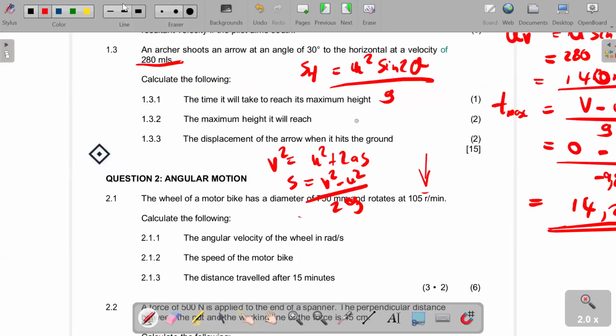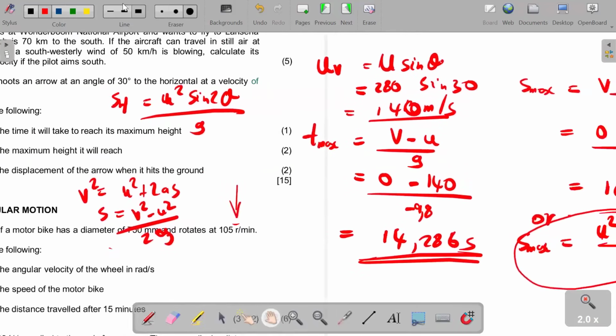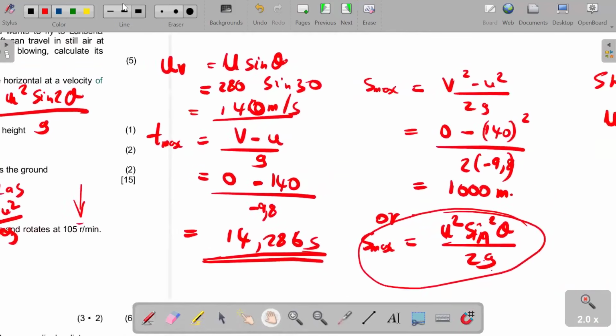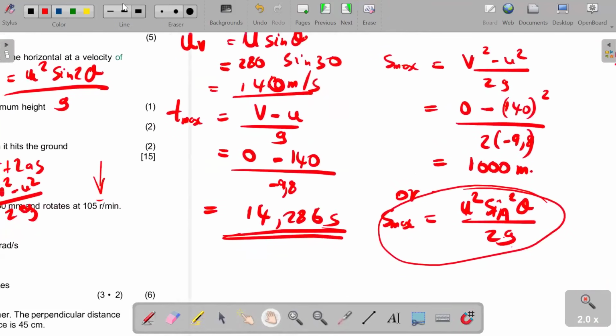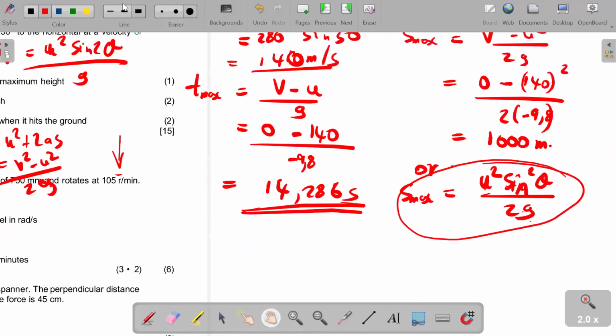Right, whenever you use this formula, just like the other one I did mention of U squared multiplied by sine squared theta over 2G, don't consider the gravitational acceleration as a vector, as I was doing on this other formula. You just substitute directly the way it is. You just substitute the way the values are.